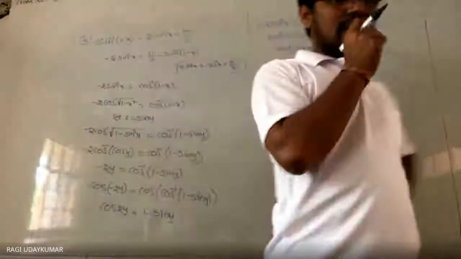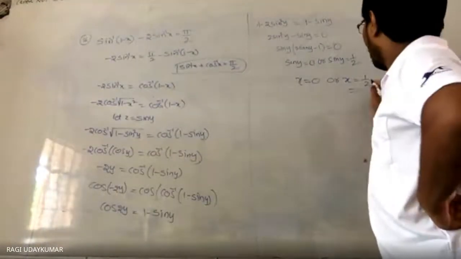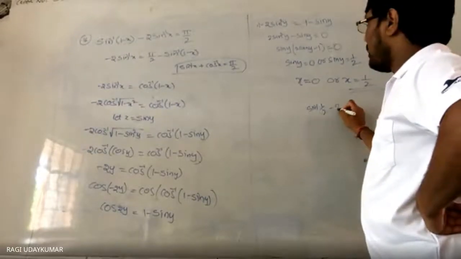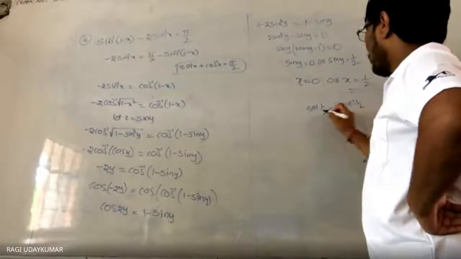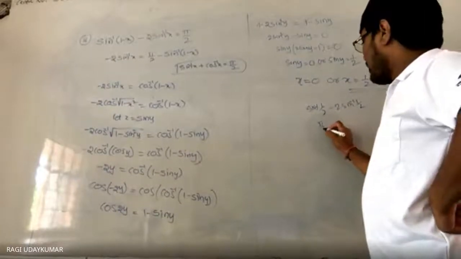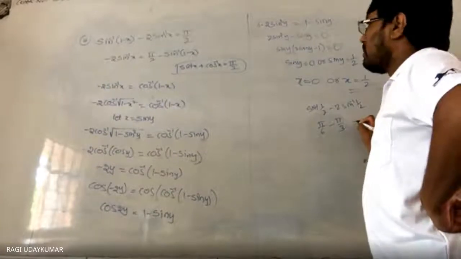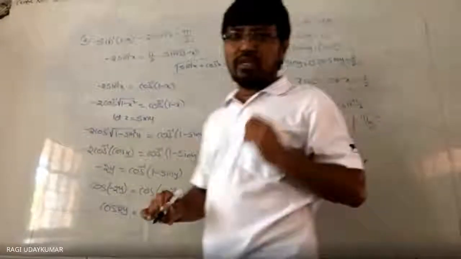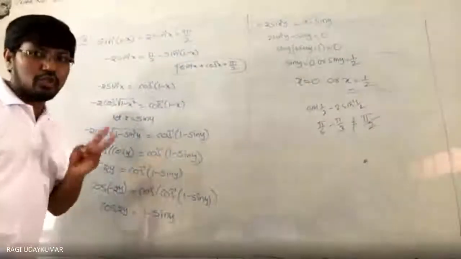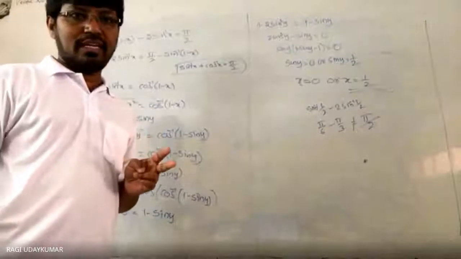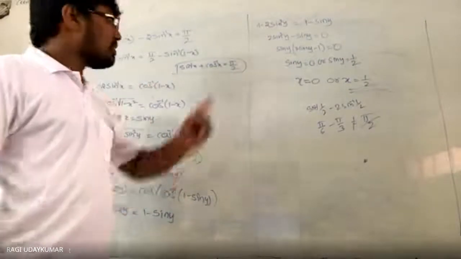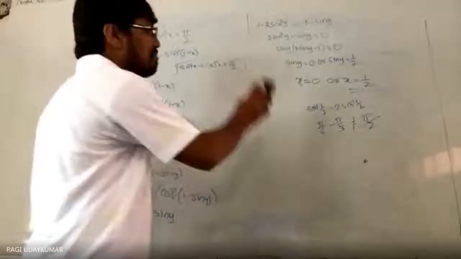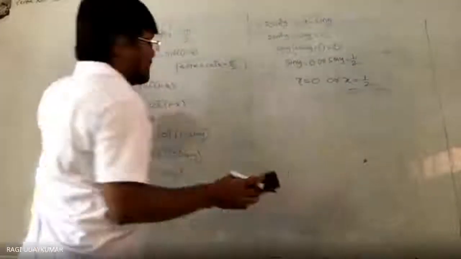Sin inverse of 1 by 2 is pi by 6, minus pi by 3, is not equal to pi by 2. So here if you observe, we are getting 2 values of x: one is 0 and the other is 1 by 2.